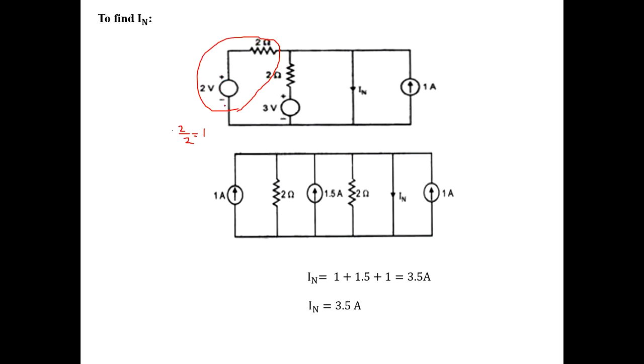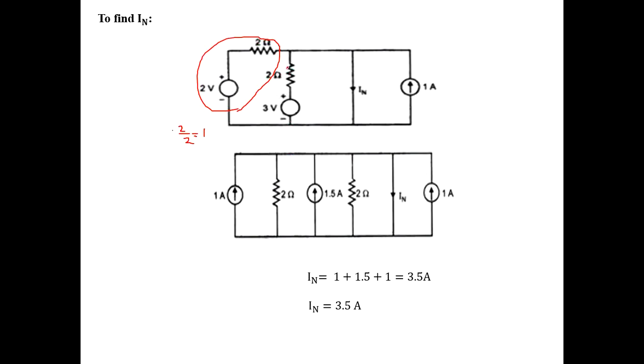The positive sign is on the upside, so we have to put the arrow in the upward direction. The current value is 1 ampere. If we convert this voltage into current, this current is always parallel with this resistance. Here this is 1 ampere, we found the value, and this series resistance is now parallel with the current source.